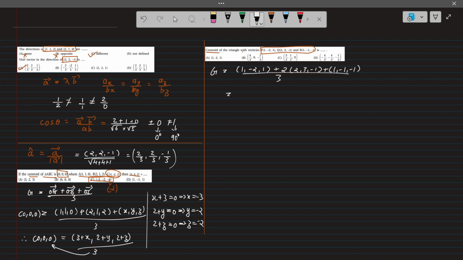Adding the x coordinates, we'll get 1 plus 2 is 3, plus 1 is 4. For y, minus 2 plus 3 is 1, minus 1 becomes 0. For z, 1 minus 1 is 0, minus 1 will be minus 1, whole by 3. Final answer should be 4 by 3, 0 and minus 1 by 3. That is our option B.